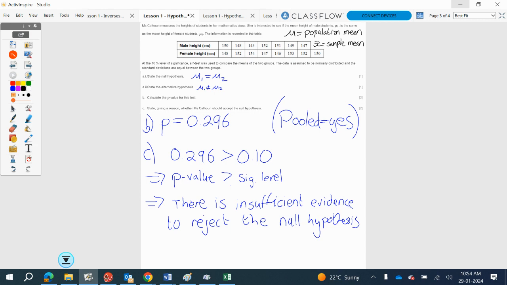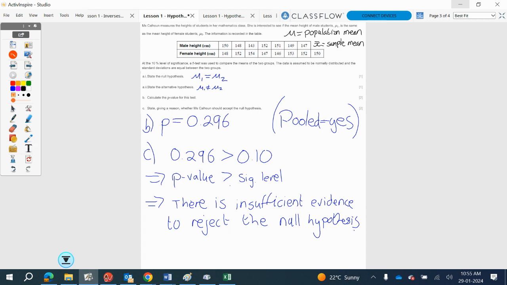With a hypothesis test, there is either sufficient evidence to reject or insufficient evidence to reject. Never accept. You either fail to reject or you reject. Insufficient evidence to reject or sufficient evidence to reject.